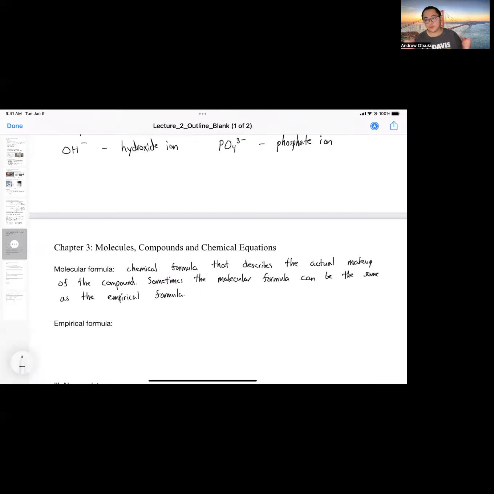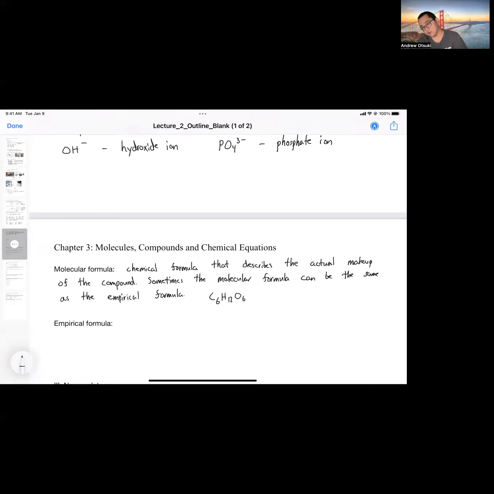Okay. So for example, let's say we have C6H12O6. So this is a formula for glucose, the most common compound you associate with this formula, which is the carbohydrate our body recognizes or uses as the main source of energy for the cell.